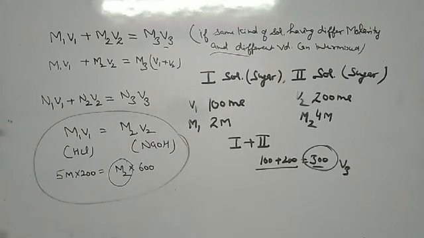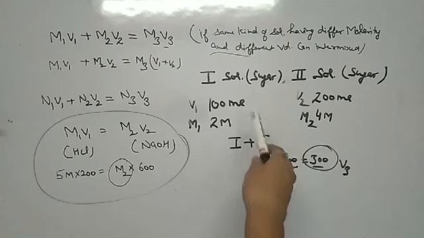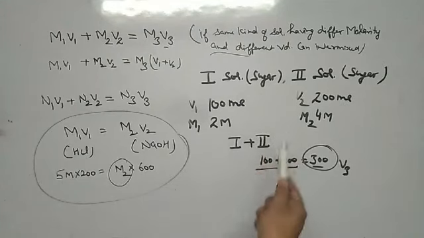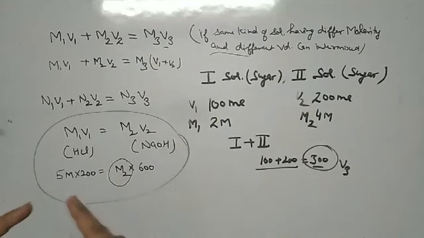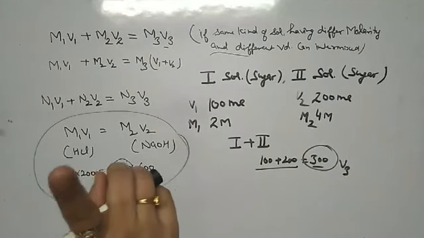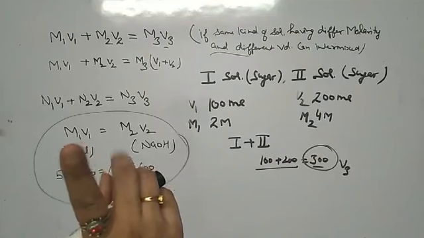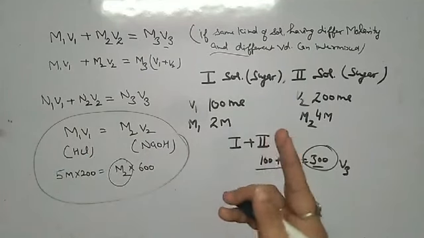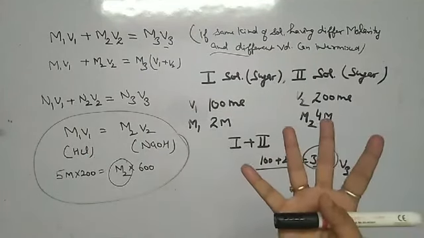I am writing it here: HCl, NaOH, 2 different solutions having different molarity, different volume. If the solutions are of the same nature, then they mix. Definitely, beta, you can take the simple example: 1 glass of water having 1 spoon of sugar, and another glass of water containing 4 spoons of sugar.